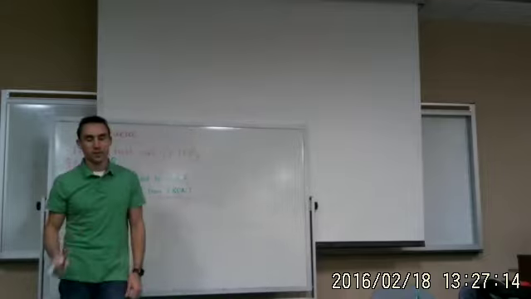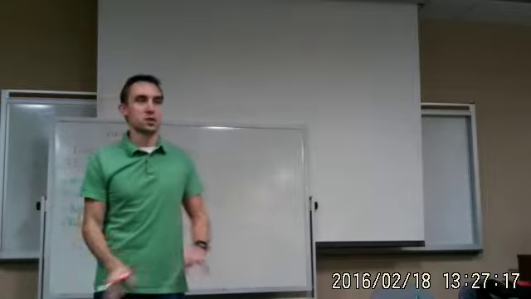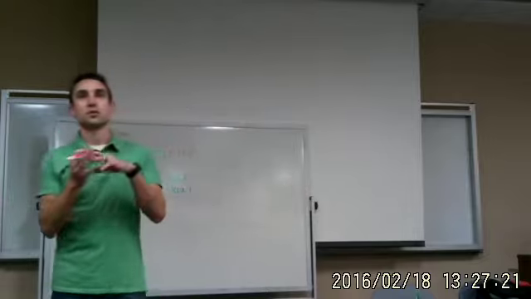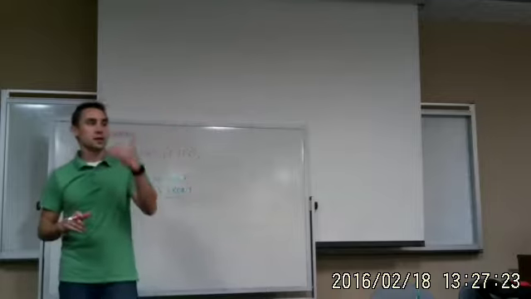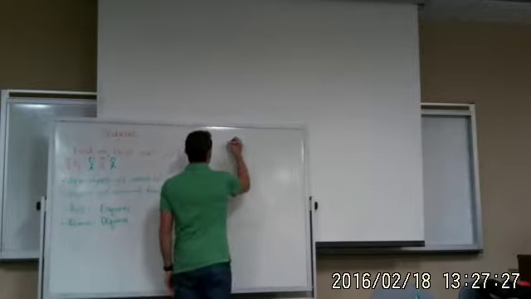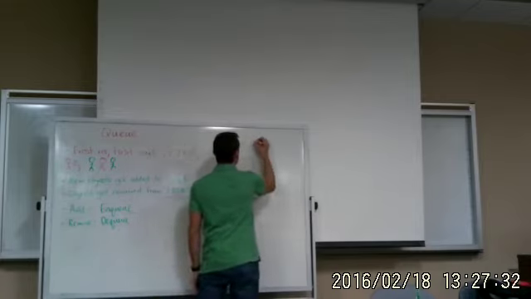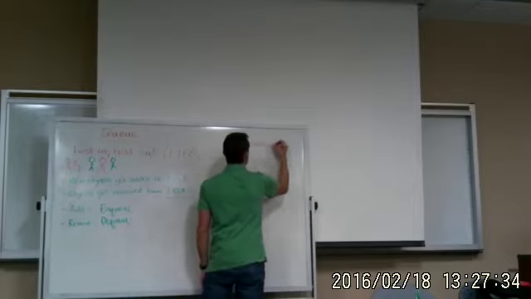Now, here's the thing. This big picture concept that I want you to understand, we're going to talk about this over and over and over again each time we talk about a new data structure. The idea that I want you to understand is a base data structure.